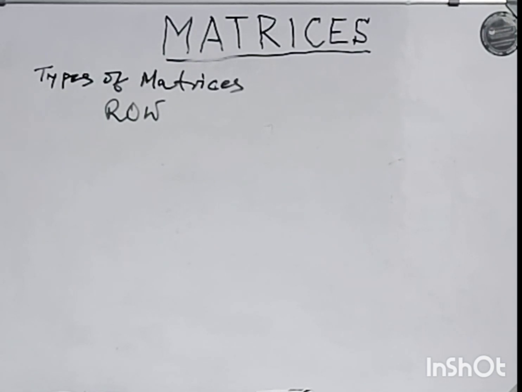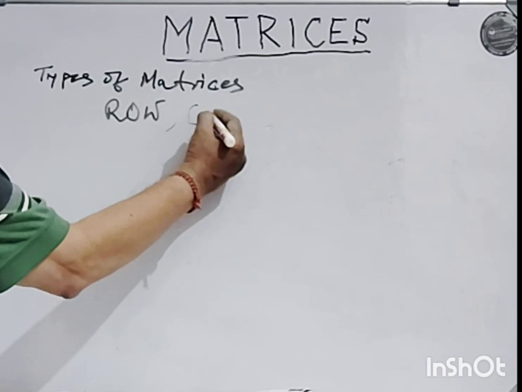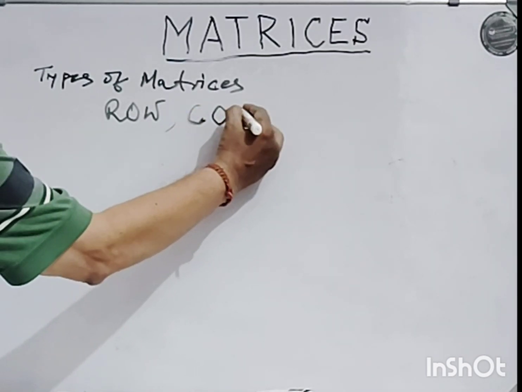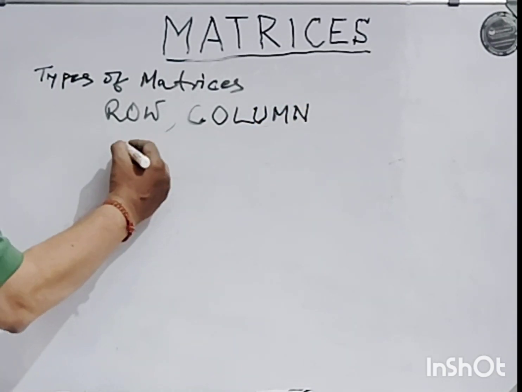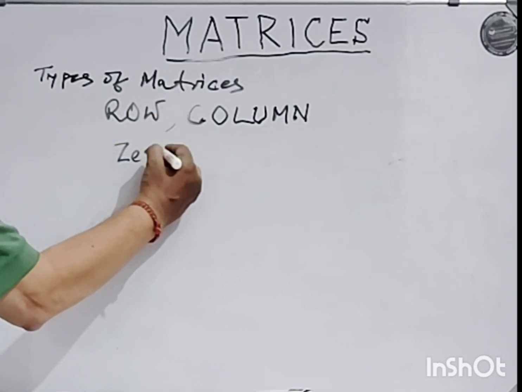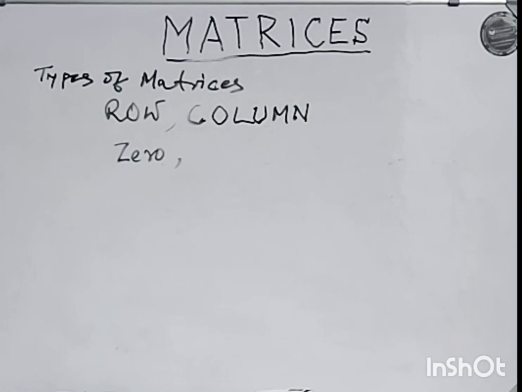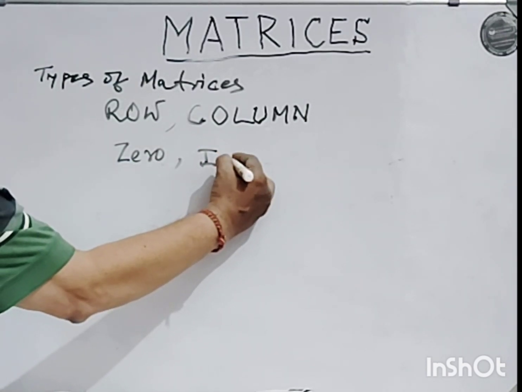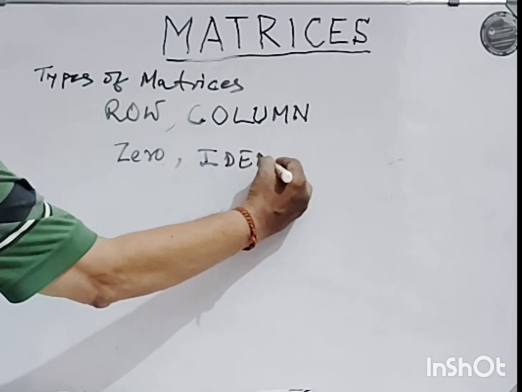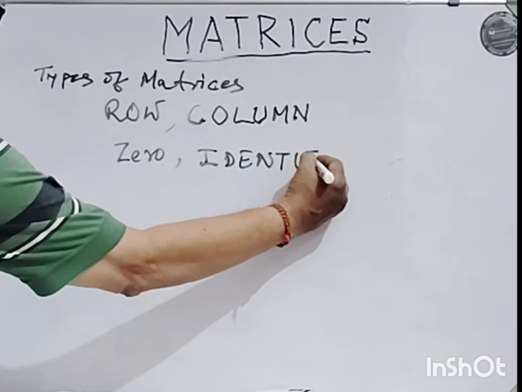Well, row matrix, column matrix, then null or zero matrix, then scalar matrix is there, diagonal matrix is there, and identity matrix. Identity matrix is very important.